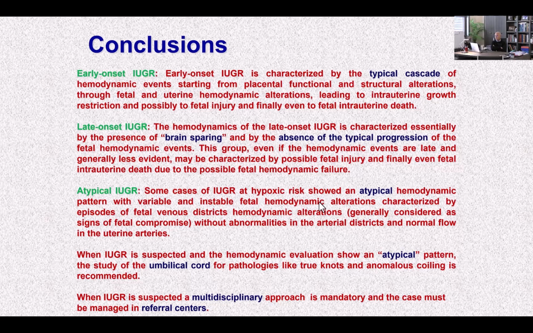We may have late onset IUGR that is characterized essentially by the presence of brain sparing and the alteration in cerebral-placental ratio, and by the absence of the typical progression of the fetal hemodynamic events that we saw for the early onset.